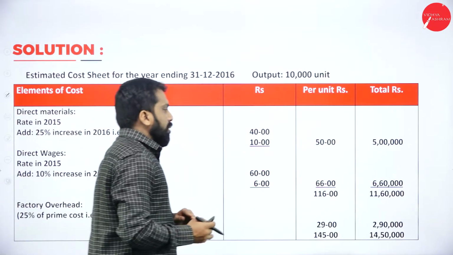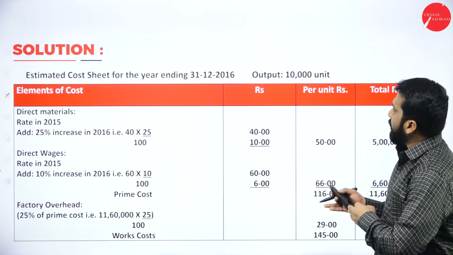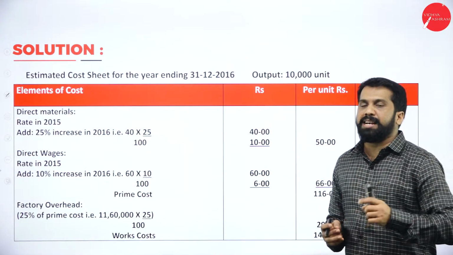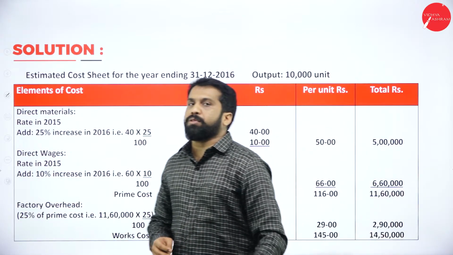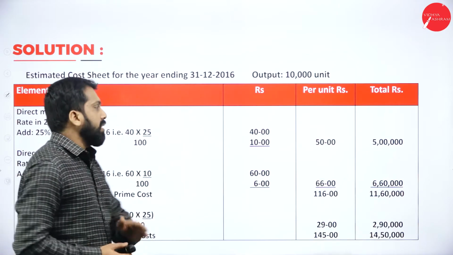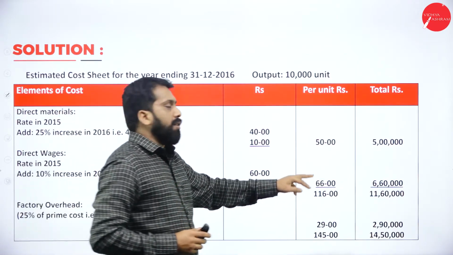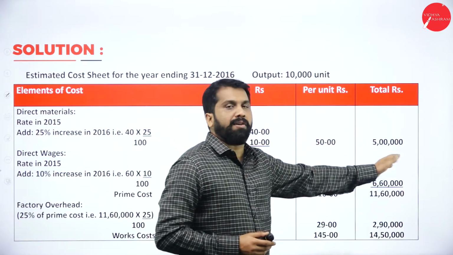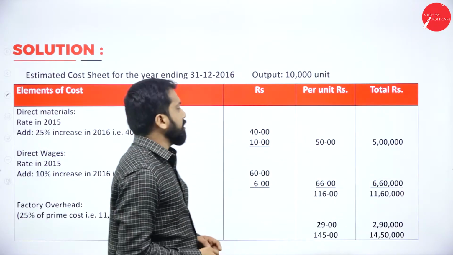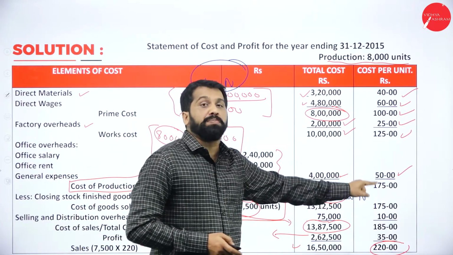Now, so we have done with normal cost sheet. Now we'll move to your quotation or estimated cost sheet. As I told you, always when we go for quotation, we start with cost per unit, then we'll go for overall value. In the normal cost sheet, we start with value, then we'll go for per unit. I'll show you that. First we'll do total cost, then we'll do cost per unit.